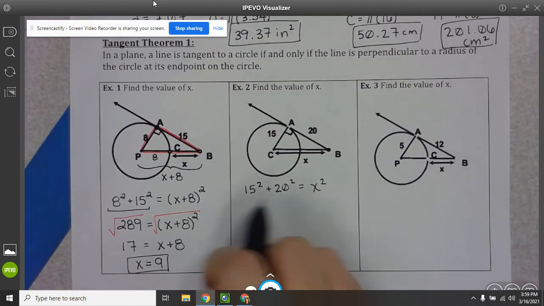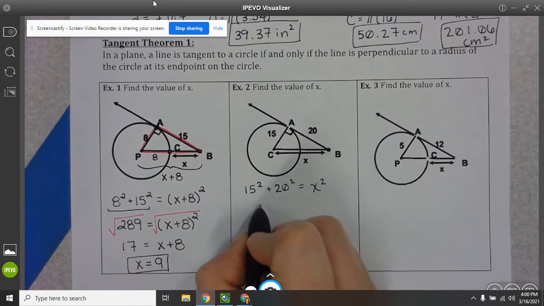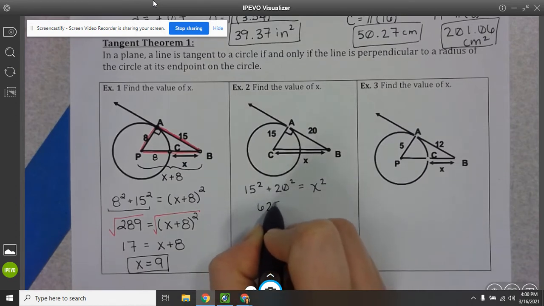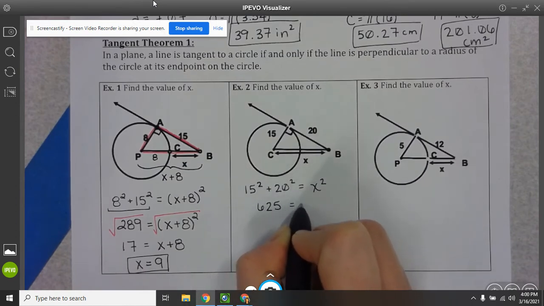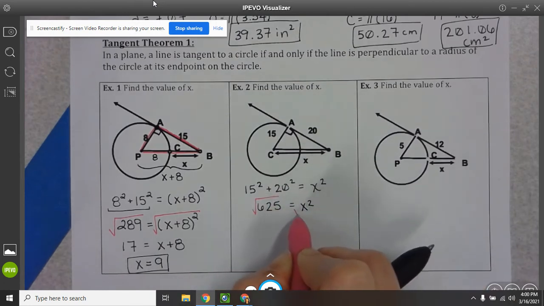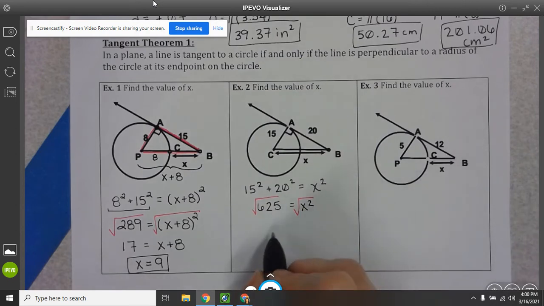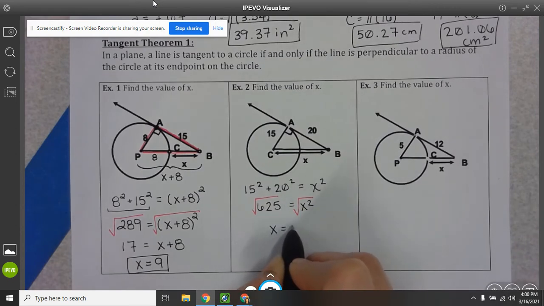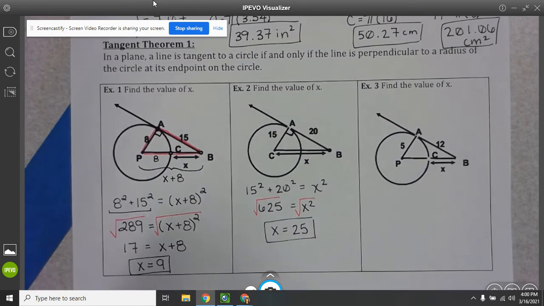Again, grabbing my calculator, 15 squared plus 20 squared gives me 625. Taking the square root of both sides gives me that my value of x is 25.